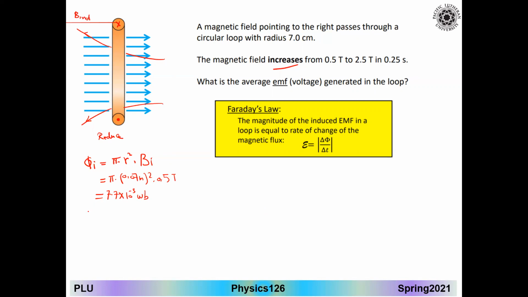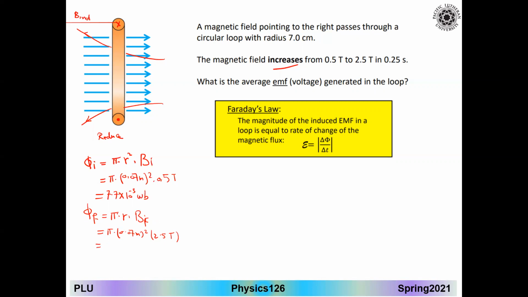Similarly, we find the final flux with the same formula, pi times r squared times B final, not the initial. We have pi times 0.07 squared times 2.5 Tesla.